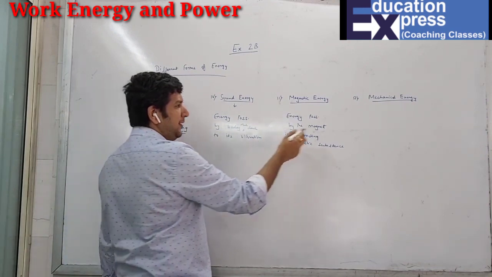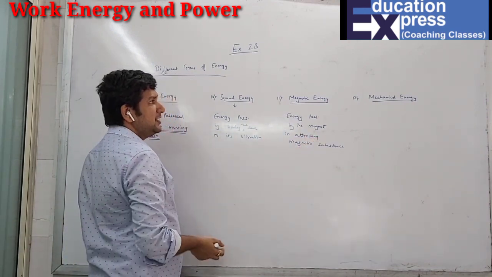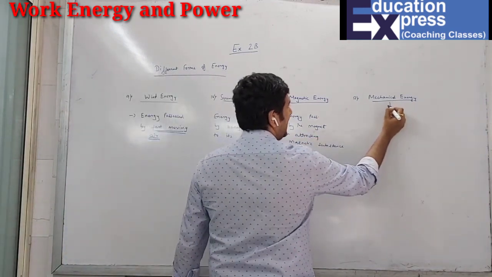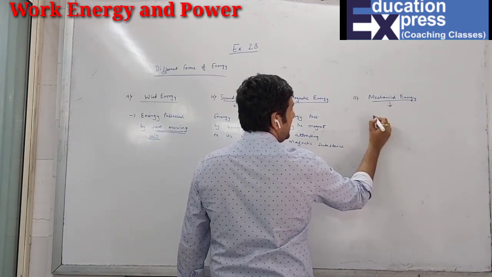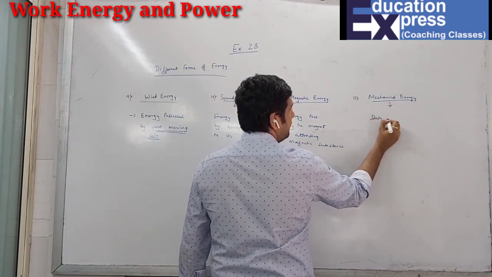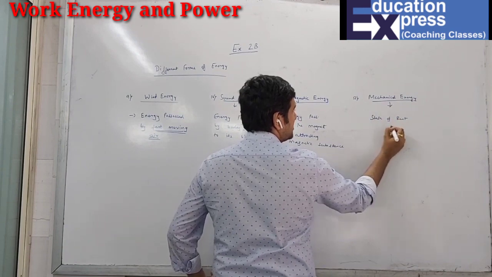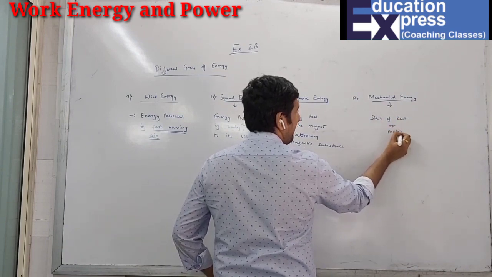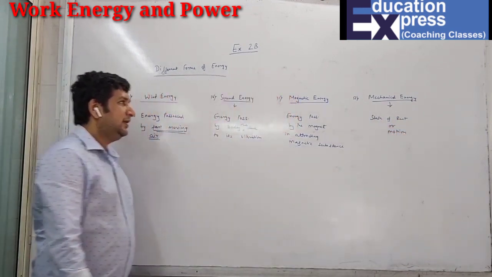And mechanical energy, I already explained to you: the energy possessed by the body on account of a state of rest or motion is said to be your mechanical energy.